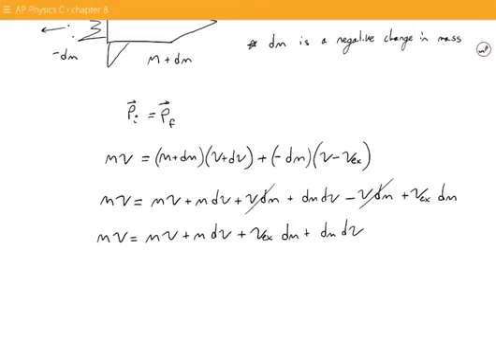Alright, so we're left with that equation there. These also cancel out, so we can get rid of those.